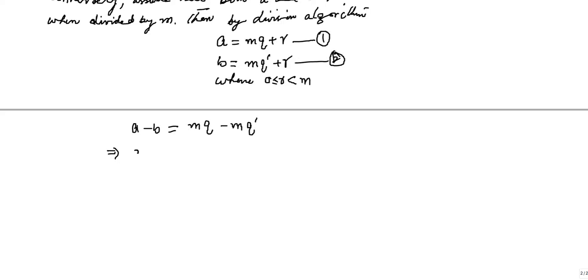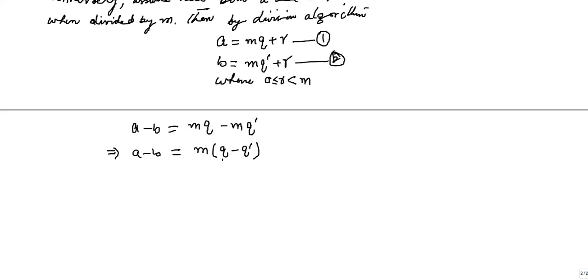So, A minus B equals m times (q minus q prime). Both q and q prime are integers. So, it means the difference A minus B is equal to m times (q minus q prime).